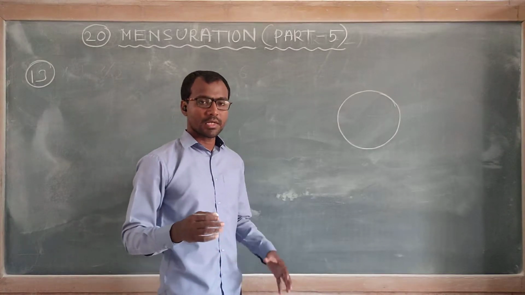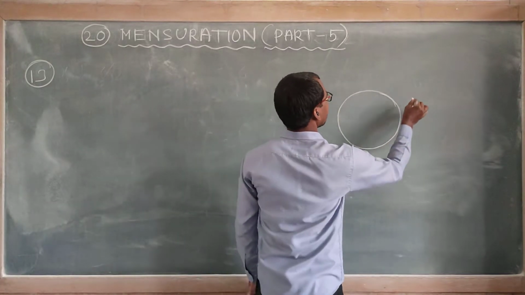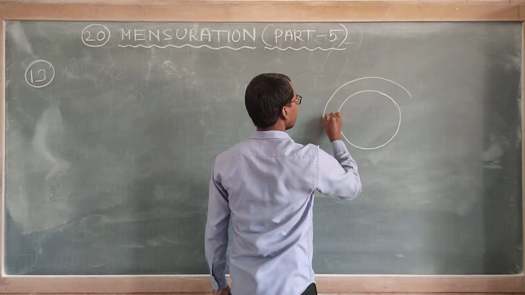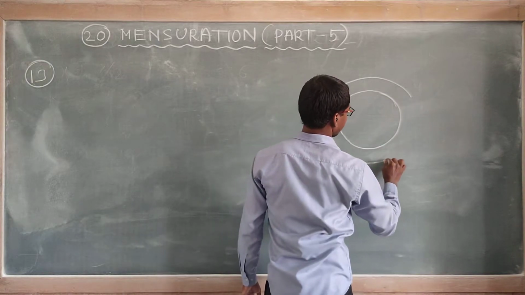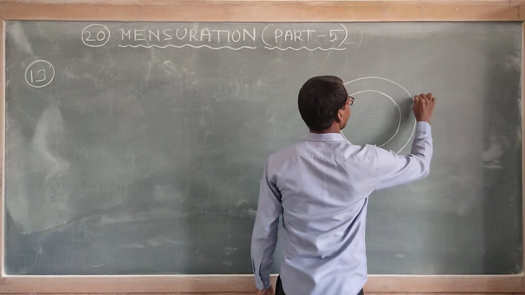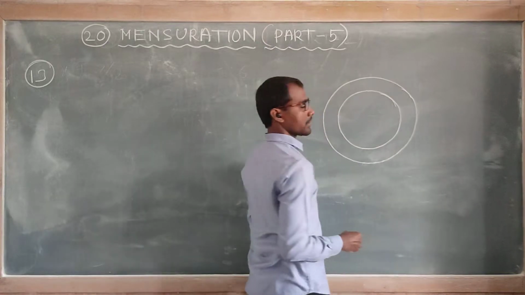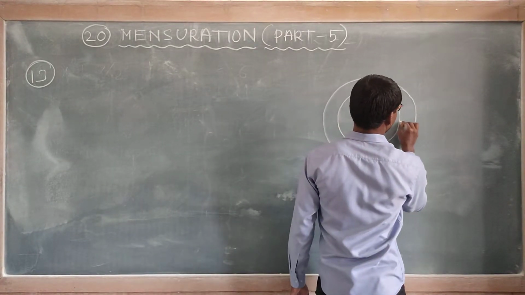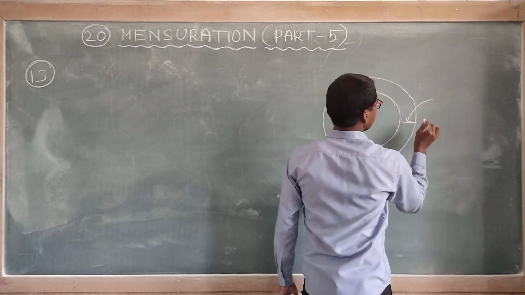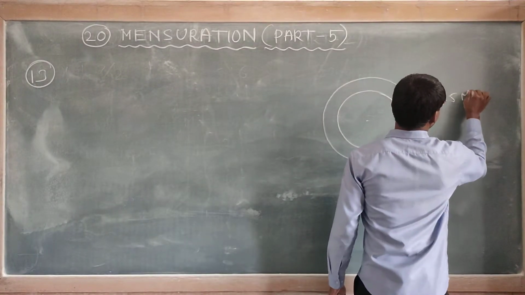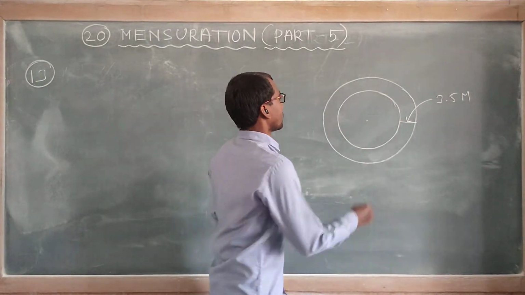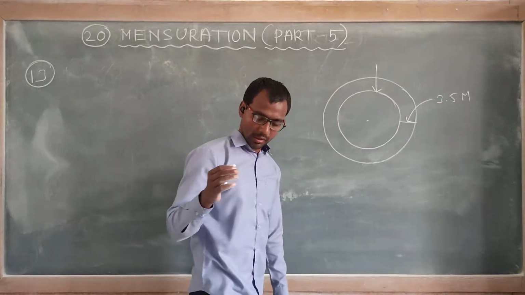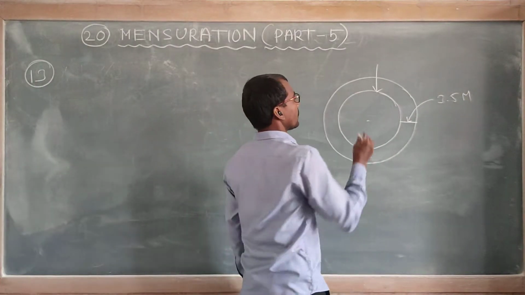Okay, means there is one more circle outside it, and the width is 3.5 meter. This width is 3.5 meter, and the circumference of the inner circle, the circular park, is 55 meters.